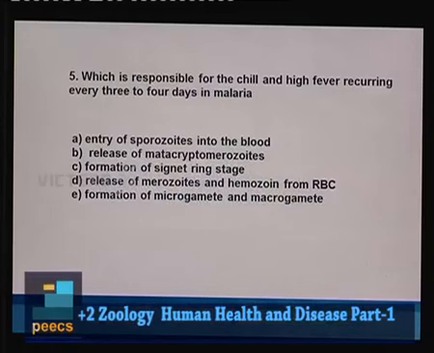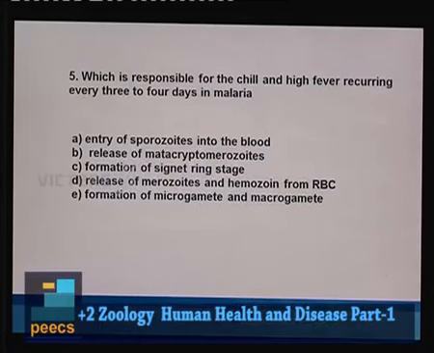And formation of the signet ring stage occurs during the erythrocytic phase of the life cycle, formed within the RBC. And what about the microgamete and macrogamete? Microgamete is the male germ cell and macrogamete is the female germ cell, and these germ cells are formed within the gut of the mosquito. So, the correct answer, as I told you in the beginning, will be option D here.